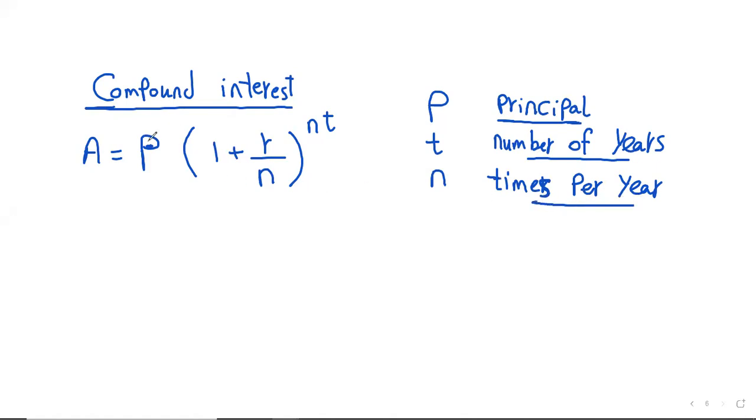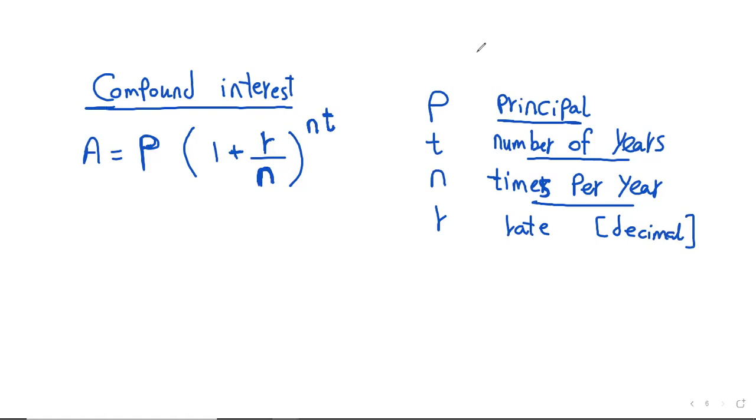So it's P, the principal, multiplied by 1 plus r, the rate written in the decimal form, divided by n, the number of times yearly, all raised to the power of nt. T is the number of years multiplied by n, the number of times yearly.